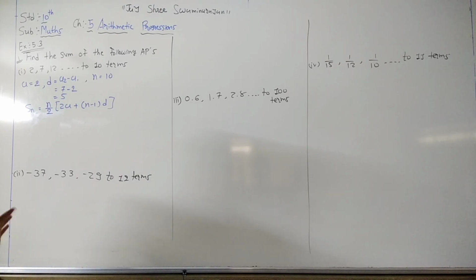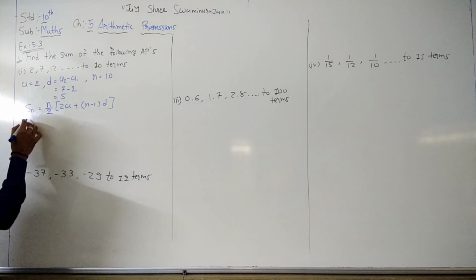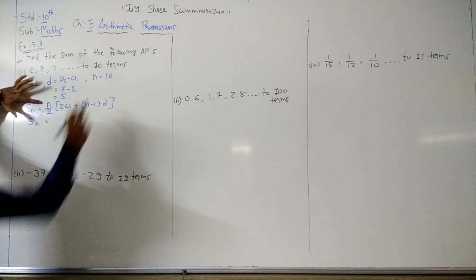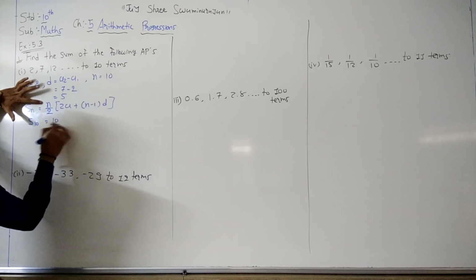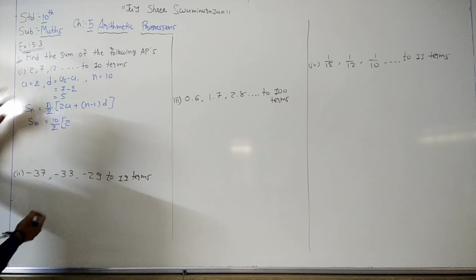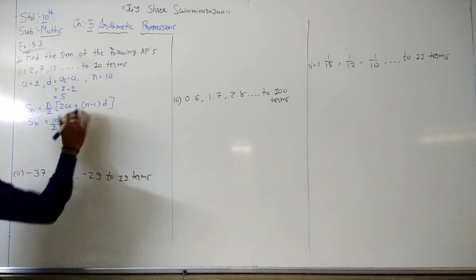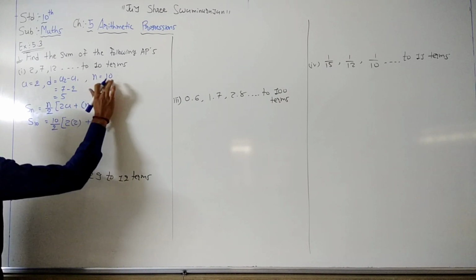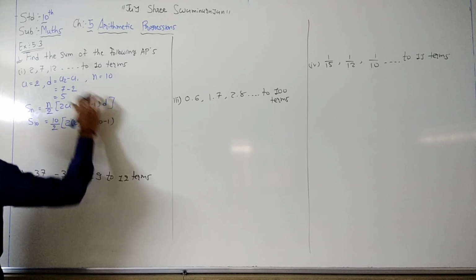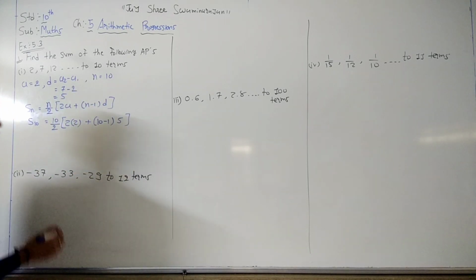Now put the values. n is 10, so S10 is equal to 10 by 2, into bracket 2 multiply a, a is also 2, so 2 times 2 plus 10 minus 1 into d, d is 5, so multiply 5.